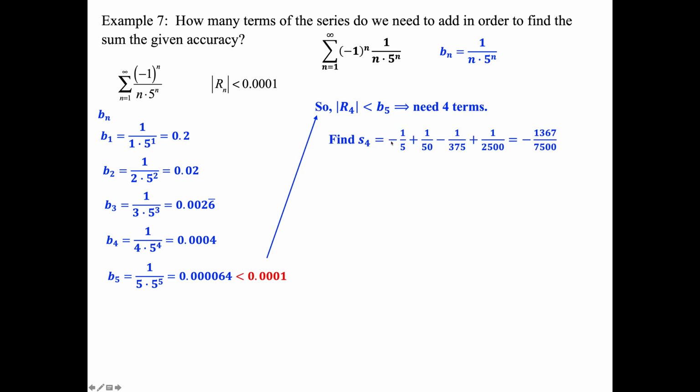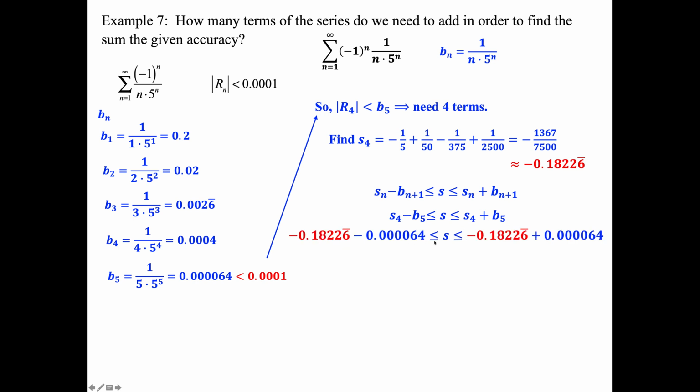So s sub 4 is, now I go back to this series, negative 1/5 plus 1 over 50 minus 1 over 375 plus 1 over 2,500, which gives me this fraction or that decimal. So if I wanted to actually find s as an interval of possible answers, I take s sub 4 minus b sub 5, that's this value down here, the very last one we found, and then I add s sub 4 plus b sub 5.